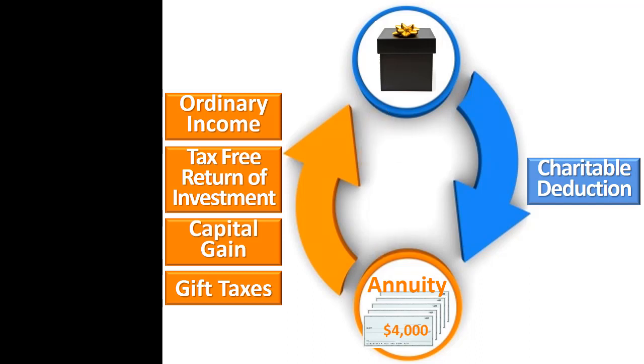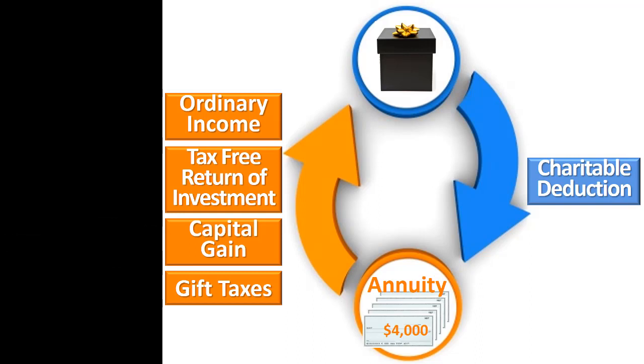Some part of each payment will count as ordinary income to the recipient. Some part of some payments may also count as tax-free return of investment. If the gift given to the charity in exchange for the annuity was appreciated property, then some part of some payments may also be taxed as capital gain.